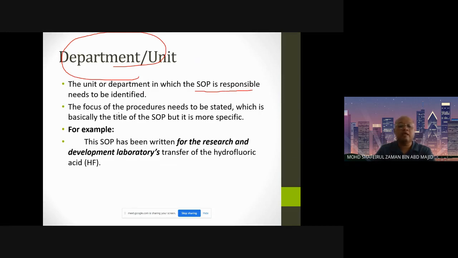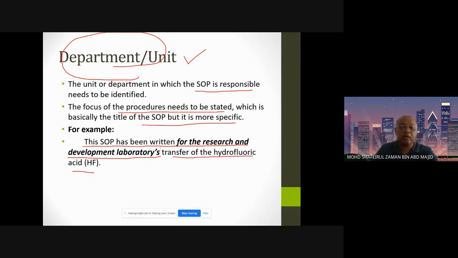Alright, so the focus of the procedures needs to be stated, which is basically the title of the SOP, but more specific. Okay, so we have the title, but now you're going to write it more specifically because you're going to include the department or the unit. Okay, example given here: this SOP has been written for the research and development laboratories, transfer of hydrofluoric acid.